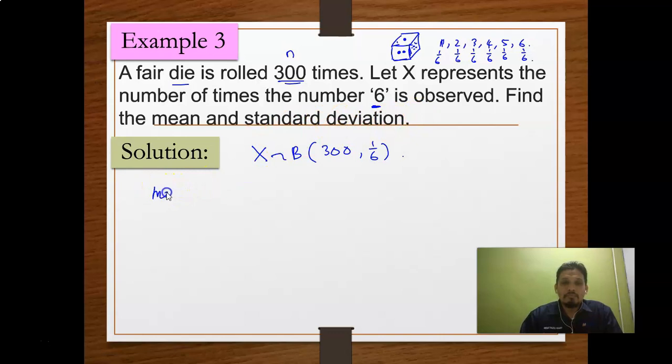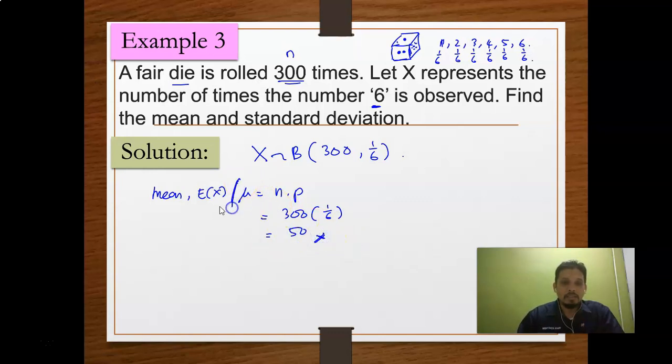Now find the mean and standard deviation. The mean, E(X), or we write it with the symbol mu, equals n multiplied by p, which is 300 multiplied by 1 over 6, equal to 50.